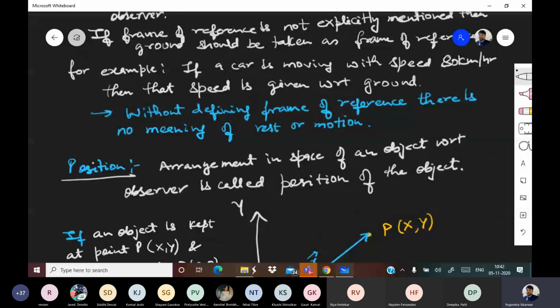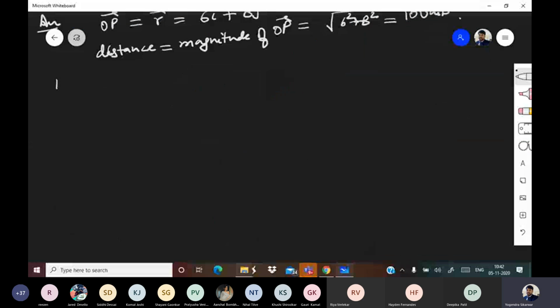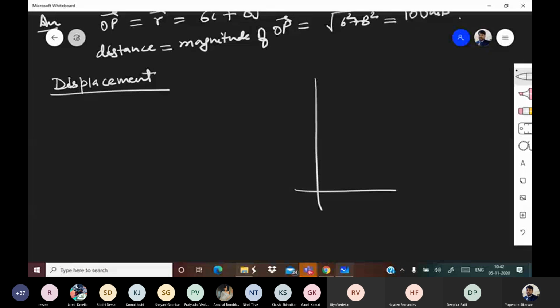Good. Now let us move further. Basically, now we are moving towards displacement. Try to understand. This is the x-axis, this is the y-axis. An object is initially at point P, and the coordinates of point P are x1, y1.